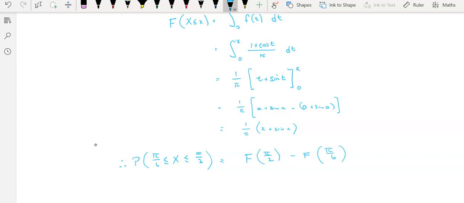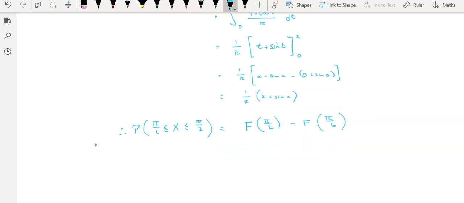Now, the beauty is that I've found a function here that I can just plug values into. My F value at pi on 2 is 1 on pi times pi on 2 plus sine pi on 2, which is 1. Minus my F function at pi on 6, which is 1 on pi times pi on 6 plus sine pi on 6.